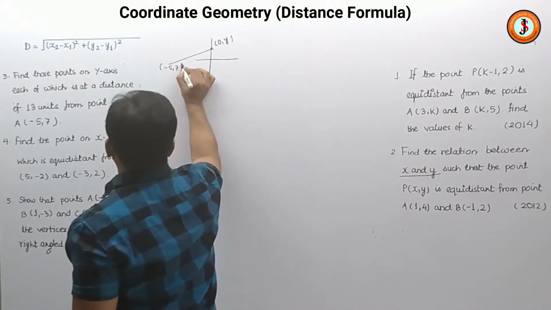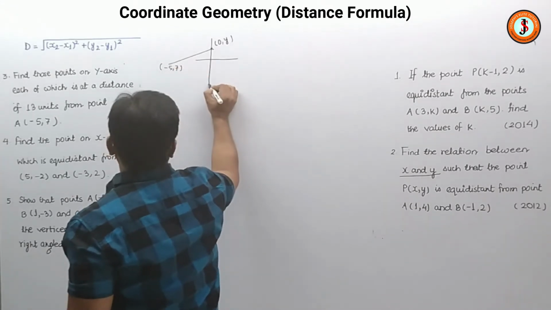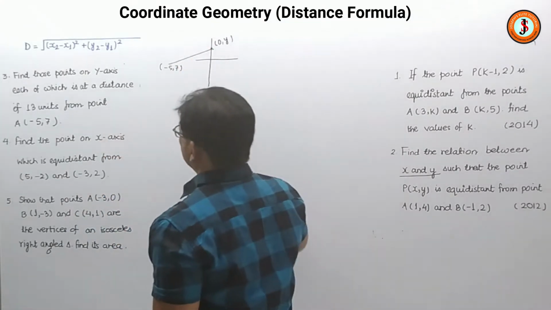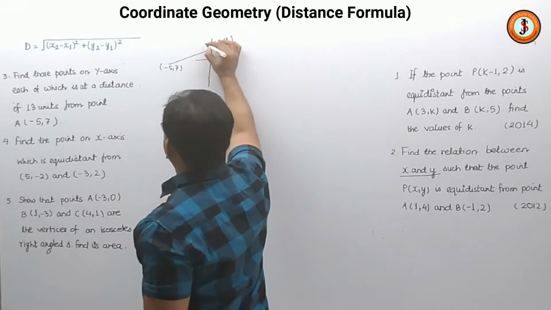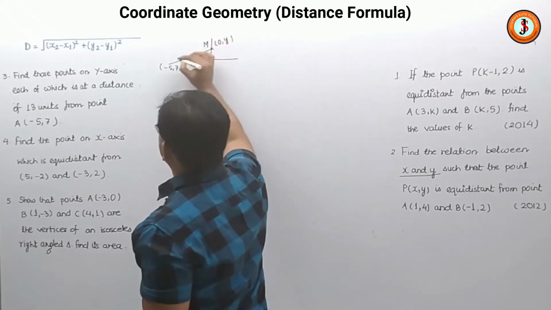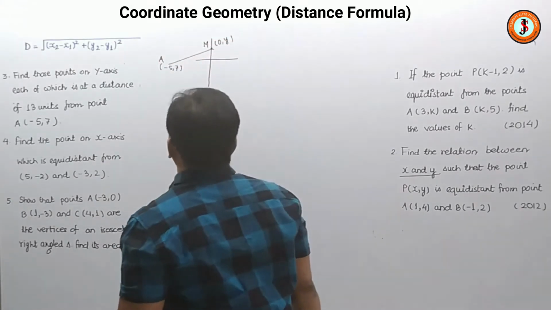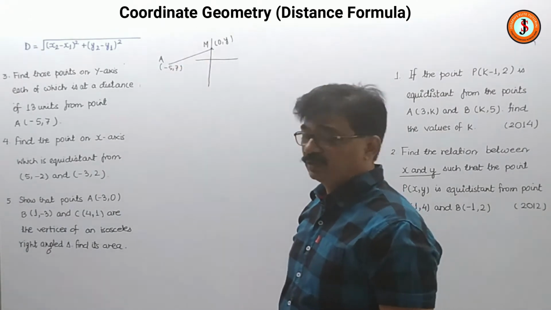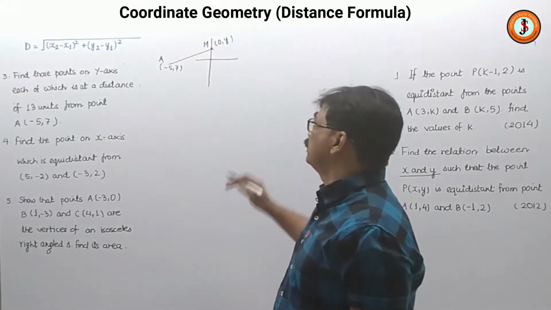It may be possible that there is another point on the y-axis which will also be at 13 units. So let us see. I have got point M and point A. The distance given between these 2 points is 13, isn't it? This point can be this side also.